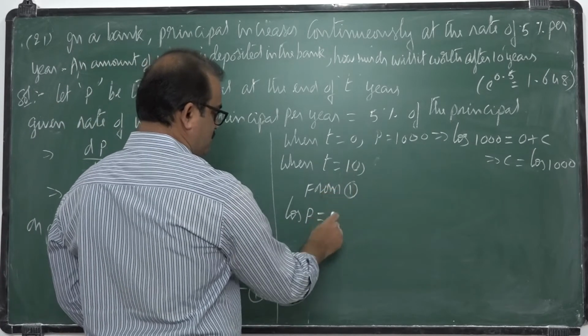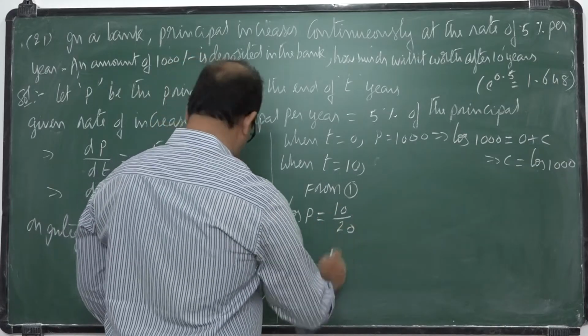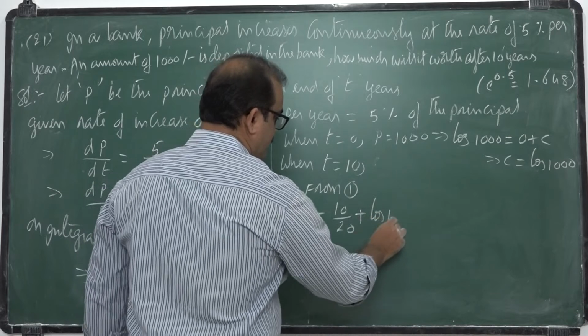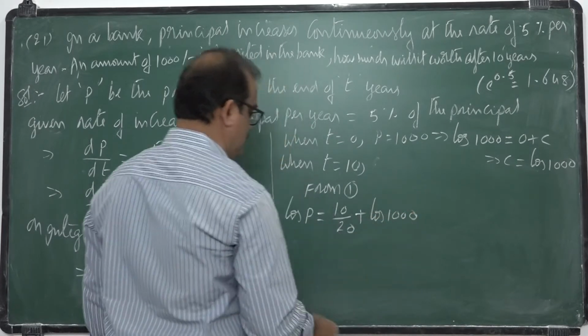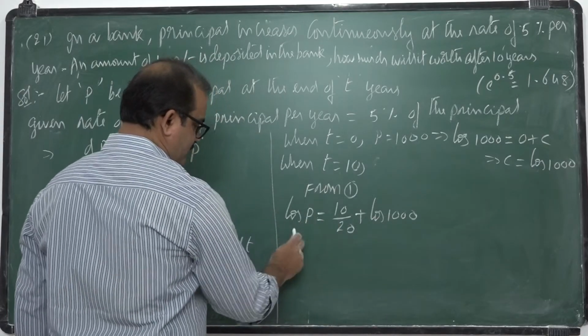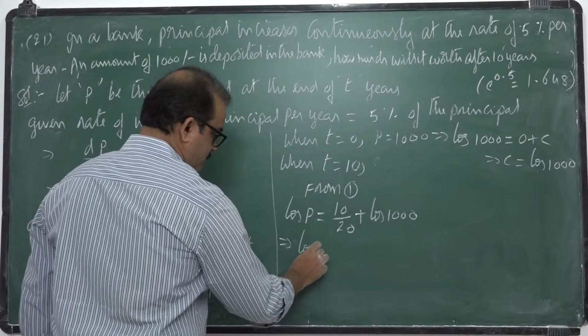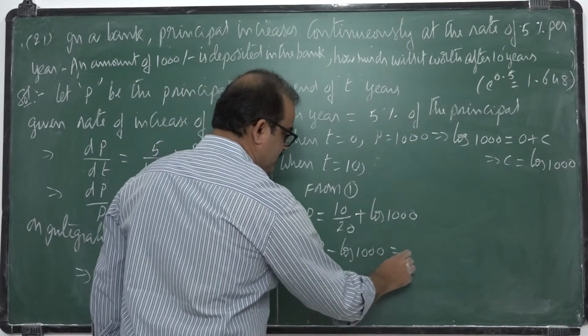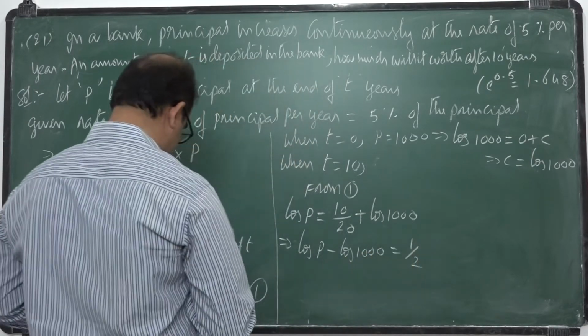What is T value? 10. 10 by 20 plus C. What is C value? Log of 1000. Take this term to left hand side. Log P minus log of 1000 is equal to 1 by 2.